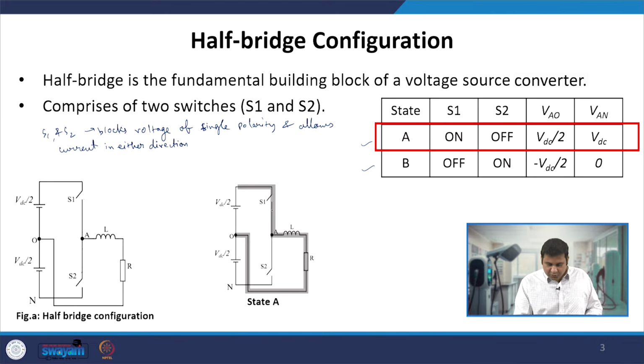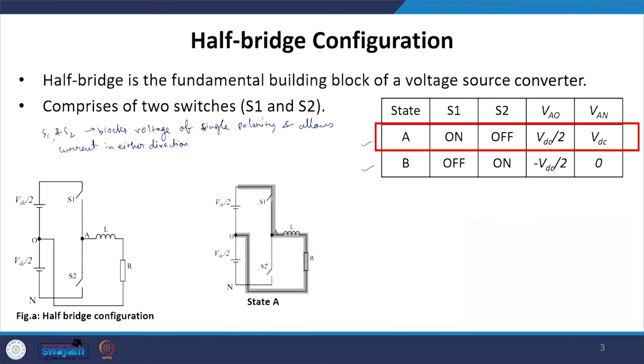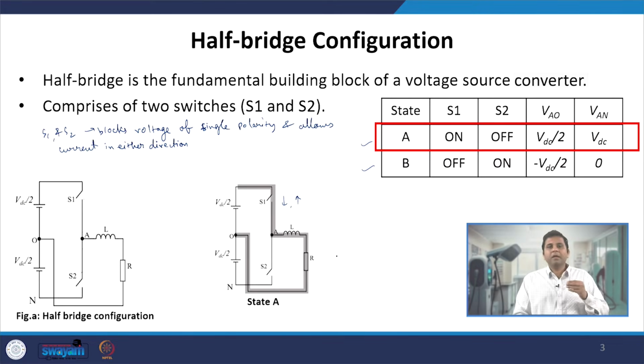Since S1 is on and S2 is off, the entire VDC will come across this point, so S2 blocks the VDC voltage. When S1 is on, it carries the current depending upon the load. If the load has current in this direction, it will draw current in this direction. If the load has current in the other direction, S1 has to allow current to flow in that direction.